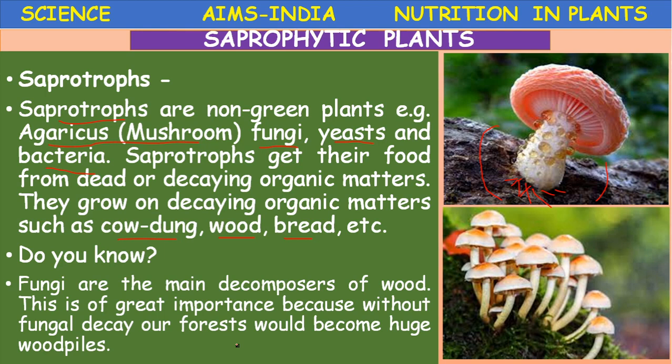Okay, so here this is also a mushroom which is growing on the wood. How do they absorb? First they release some chemical substances or hydrolytic enzymes which decompose or degrade that organic matter, then they absorb.